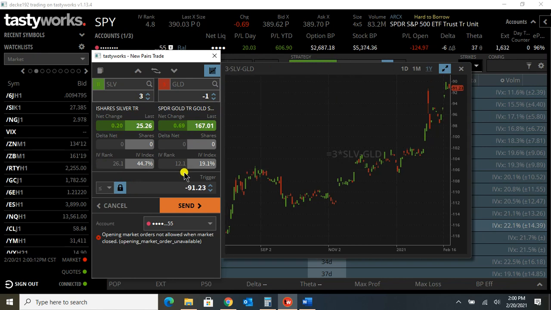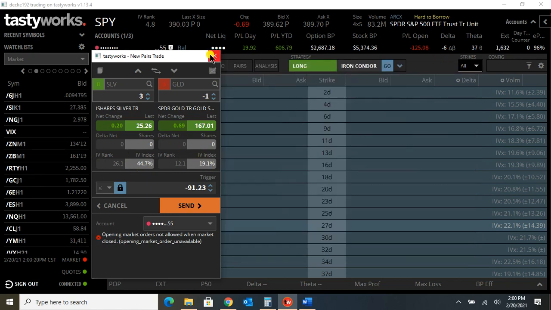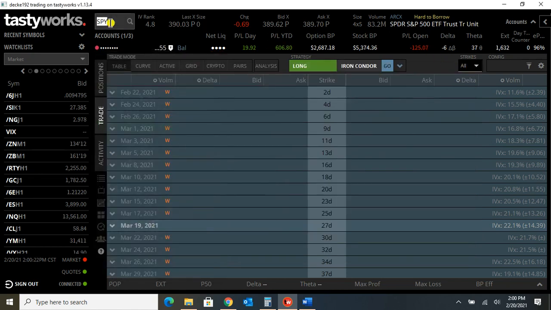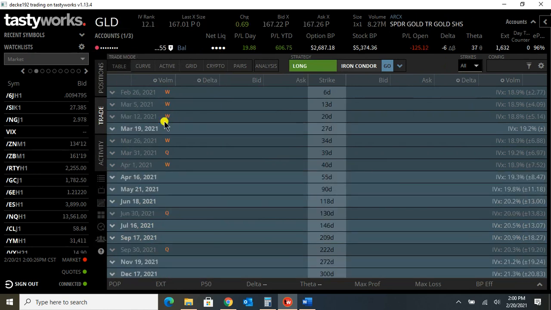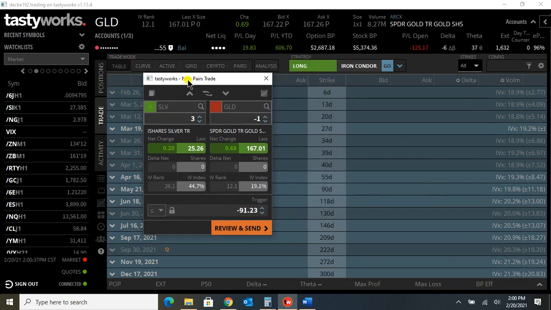If you're using a different platform other than tastyworks, you might be asking, where do you find these IV indexes? If I close out of here and just go into GLD, and if you go into the options chain, it might be a little intimidating for those who don't use it often, but I have that up.